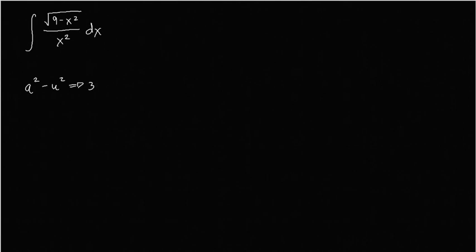So we can see that this is 3 squared minus x squared such that our u is equal to x and a is equal to 3. Then according to our substitution, we will let u equal to a sine of theta. So therefore, we have x is equal to 3 sine of theta.